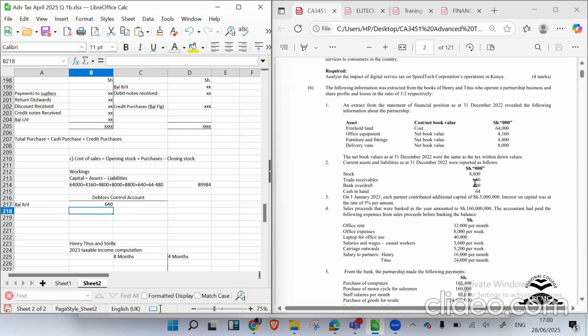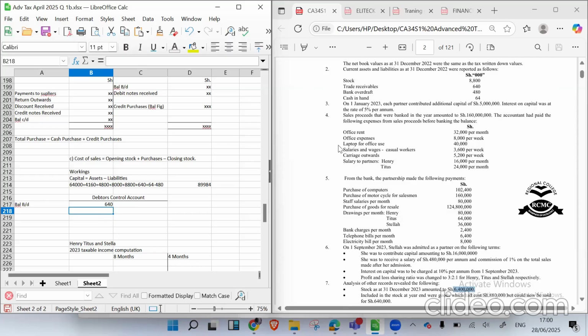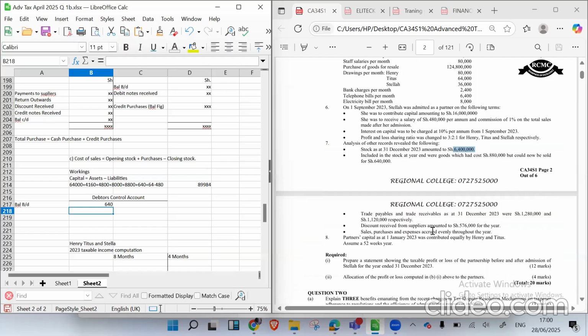In note number 2. No trade receivables. Transactions during the year, anything affecting our customers? Note number 4, they paid office rent, office expenses, laptop, salaries, carriage outwards, salary to partners. Note number 5, is any payments. I couldn't actually affect customers. We had stocks, discount received, on your creditors. So you don't have any other thing.